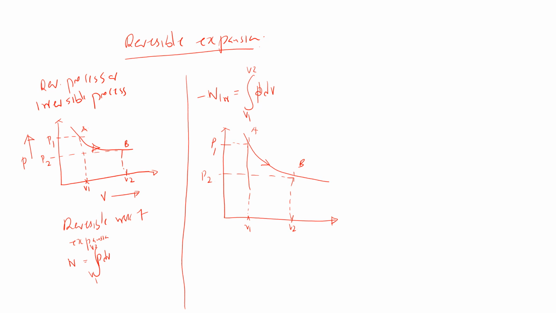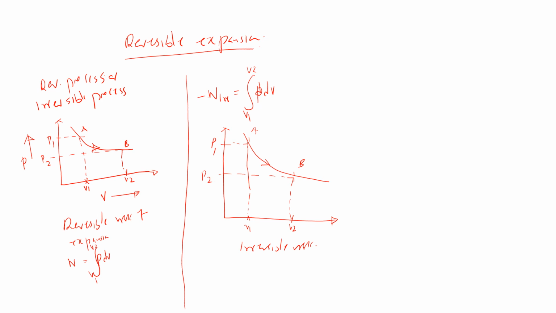Okay, so if you were to look at the irreversible work here, then we simply say that the work that is going to be done here when there's a sudden pressure drop to P2, we can express it.